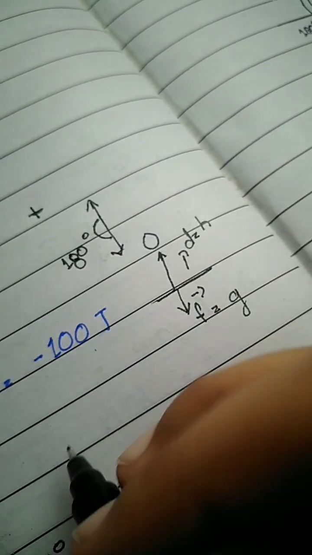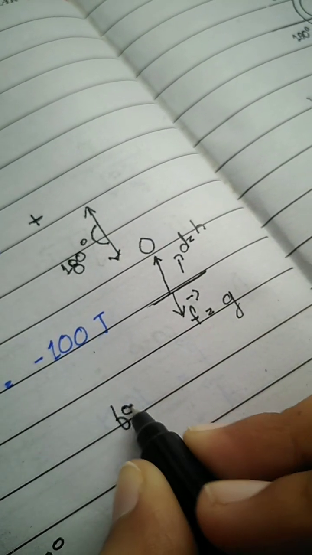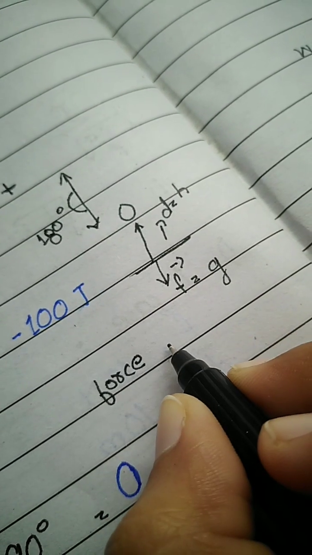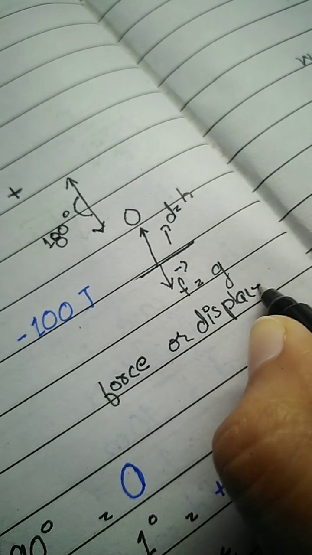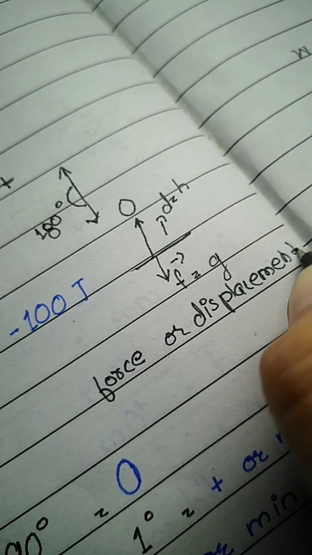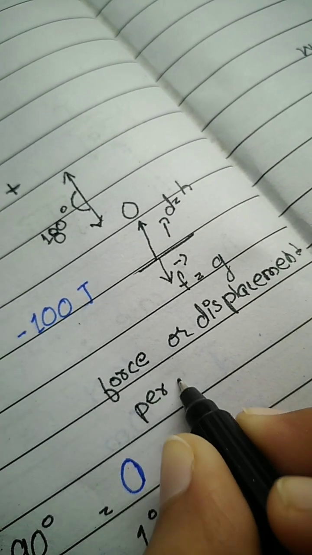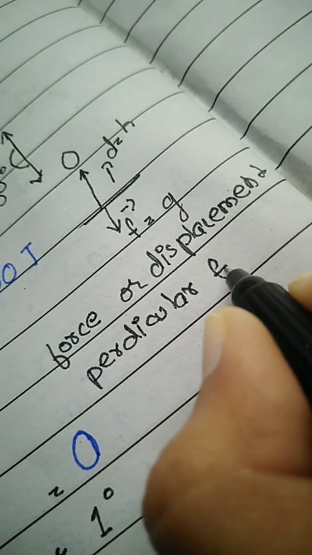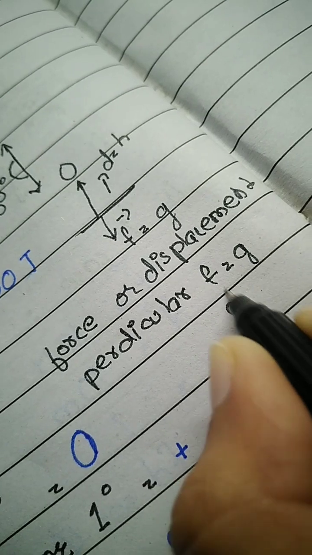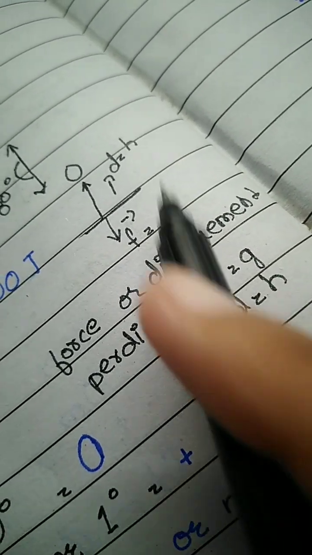And when we talk about the force and displacement that are perpendicular, we call the force G and the displacement the height, because it covers the height.